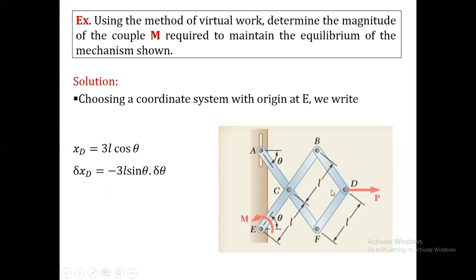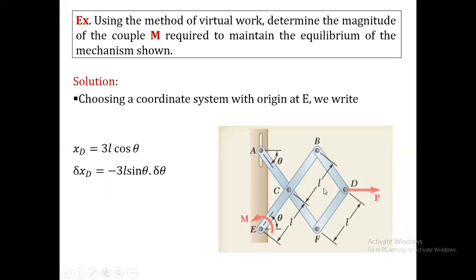You can do a simple trigonometry or geometric construction. Let us say this point is G. In triangle ACG, CG will be equal to L cos theta. Same way, the horizontal distance between C and D is 2L cos theta.